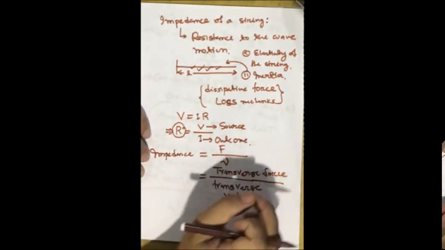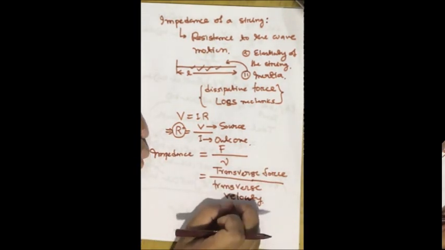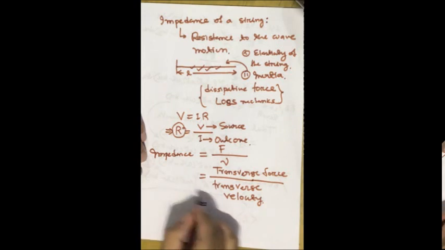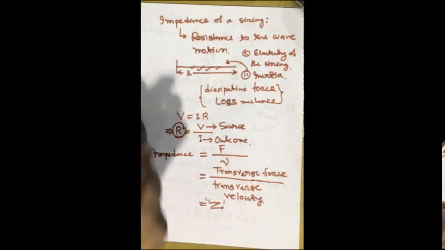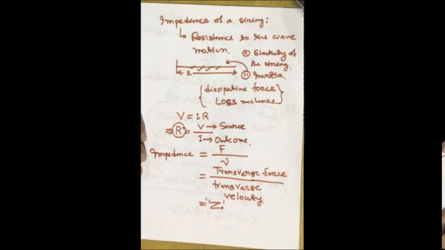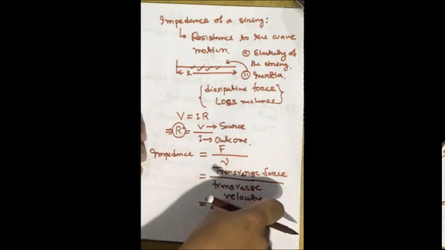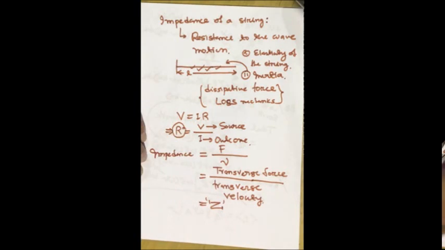If we divide the transverse force by the transverse velocity, we get the impedance of the string. Let us denote it by the quantity Z. So for a vibrating string, we always define the impedance as transverse force divided by transverse velocity.